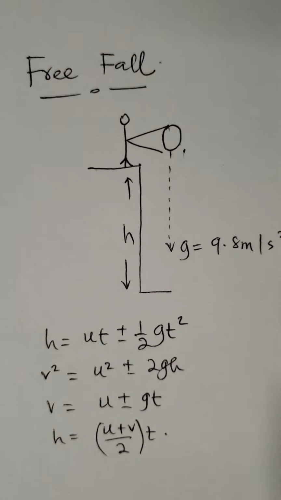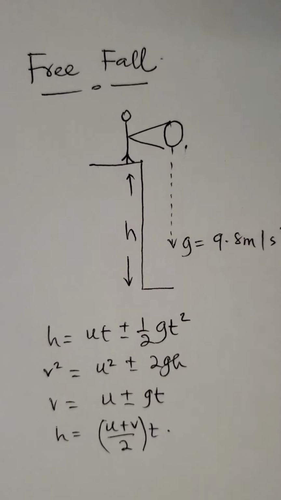Now, before we delve properly into that, I would like to intimate you with some conceptual characteristics of a free fall motion, or you can call them principles of a free fall motion.